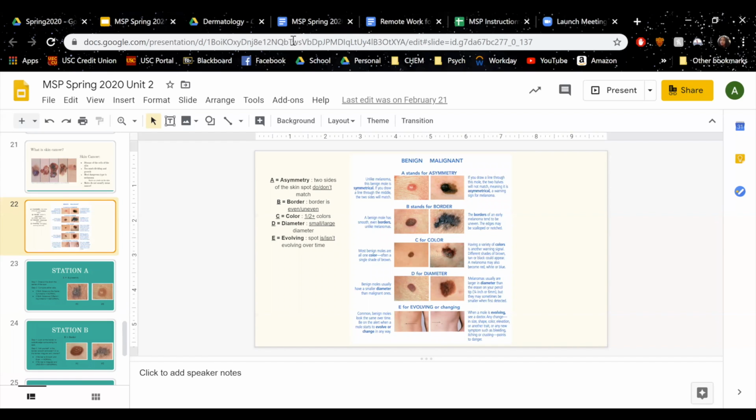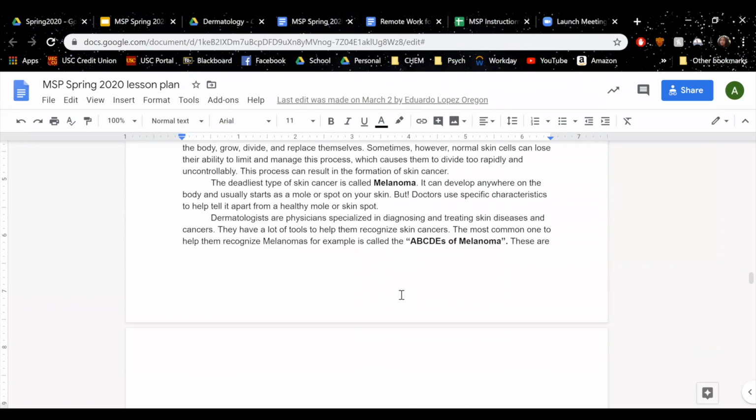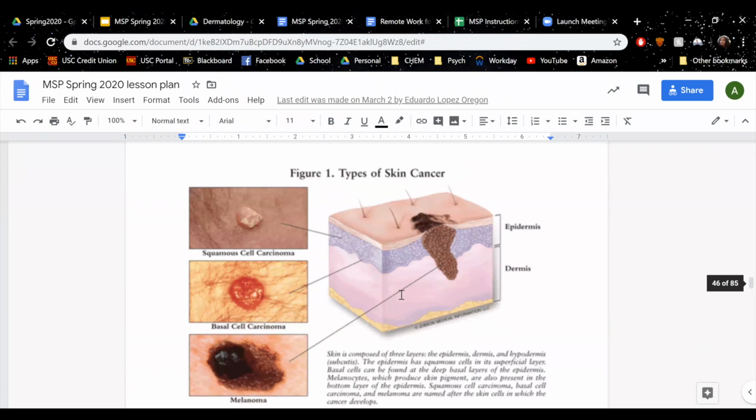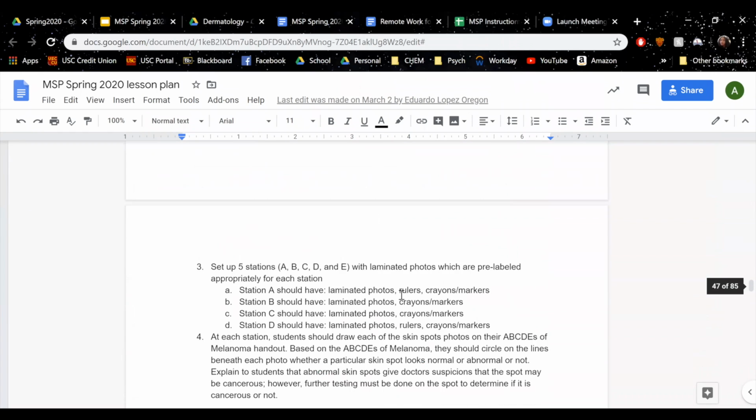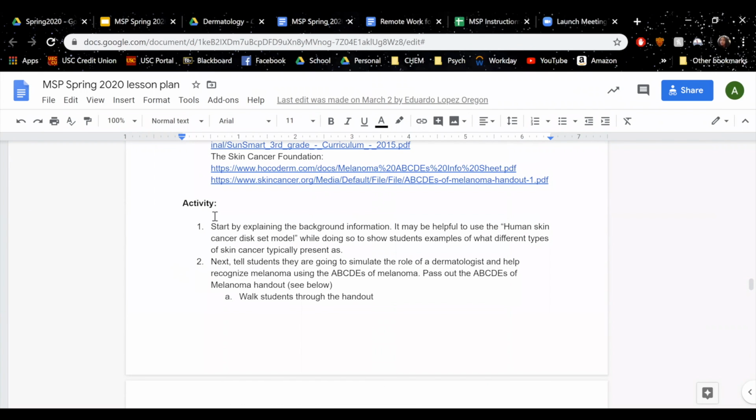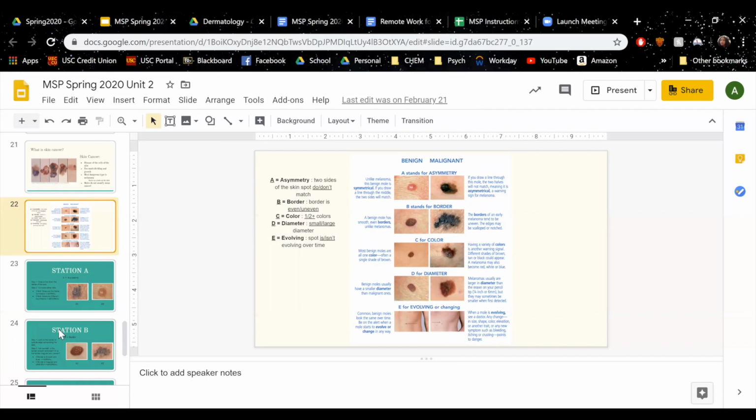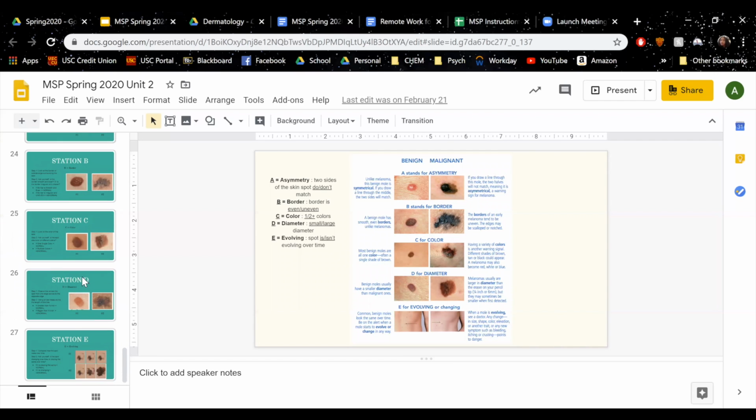In the original lesson plan, you're supposed to set up physical stations and have the students walk around and work on their own. But I didn't think my students were independent enough for that, nor were they capable of using rulers. So I just had them sit at their tables, and every table was represented by a slide.